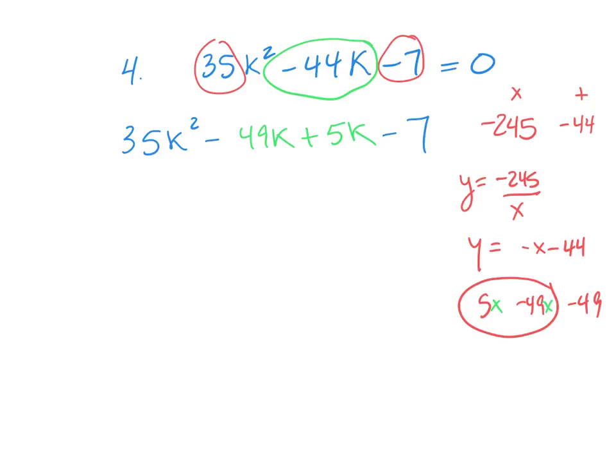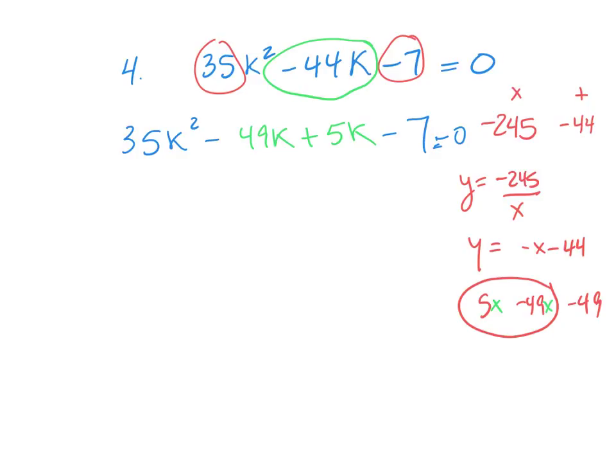So all I've done is replace that -44k with those two numbers. Well, guess what? What is -49k plus 5k? That adds up to -44k. So you haven't changed the equation. You've just replaced that middle number with two numbers that will help us solve the equation.